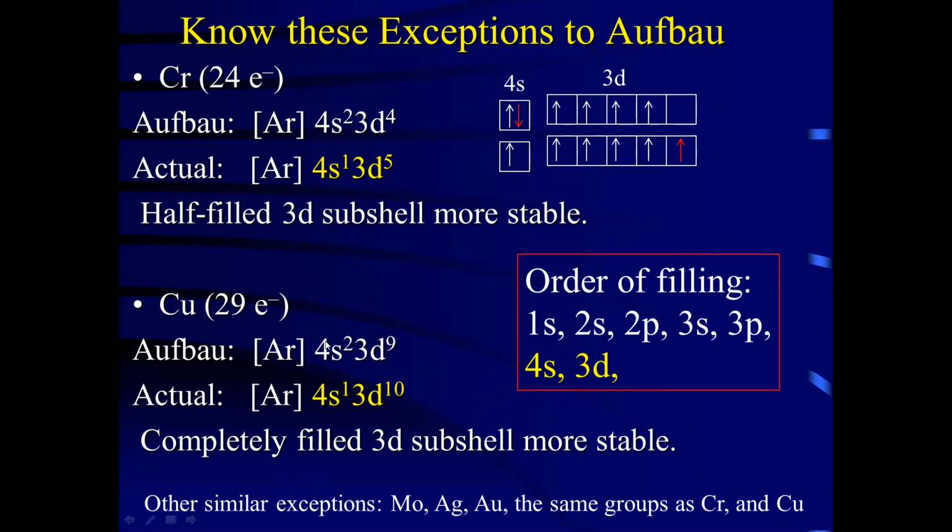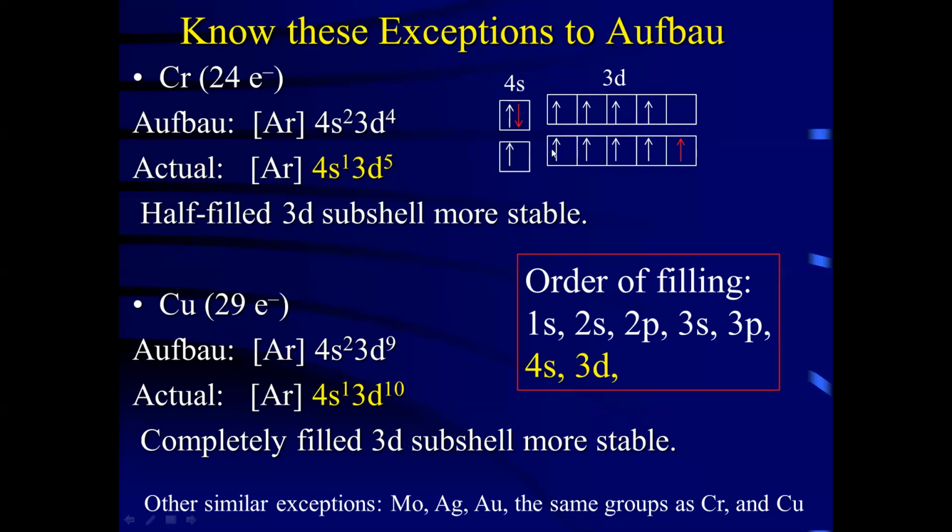This is according to the Aufbau principle, theoretically. So again, we use a similar explanation. This happened because a completely filled 3D subshell is more stable. For example, the 3D orbital can hold a maximum of 10 electrons.